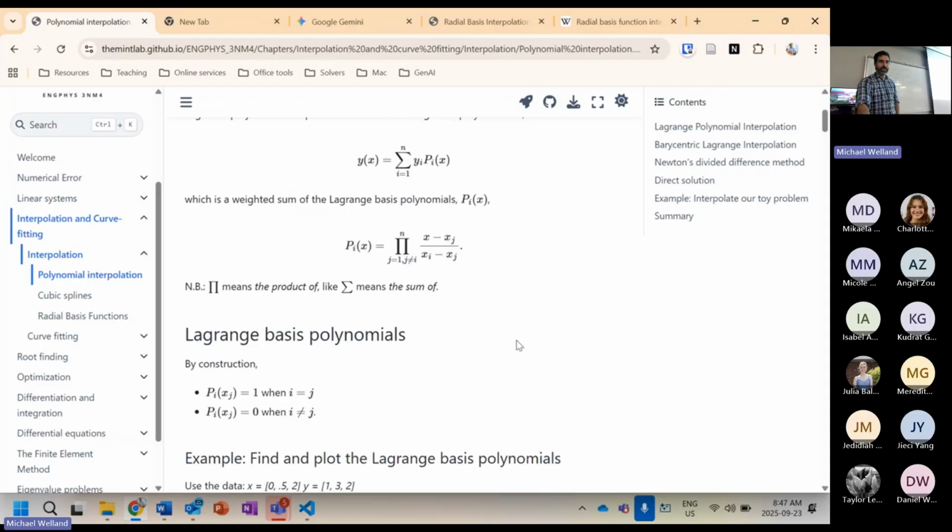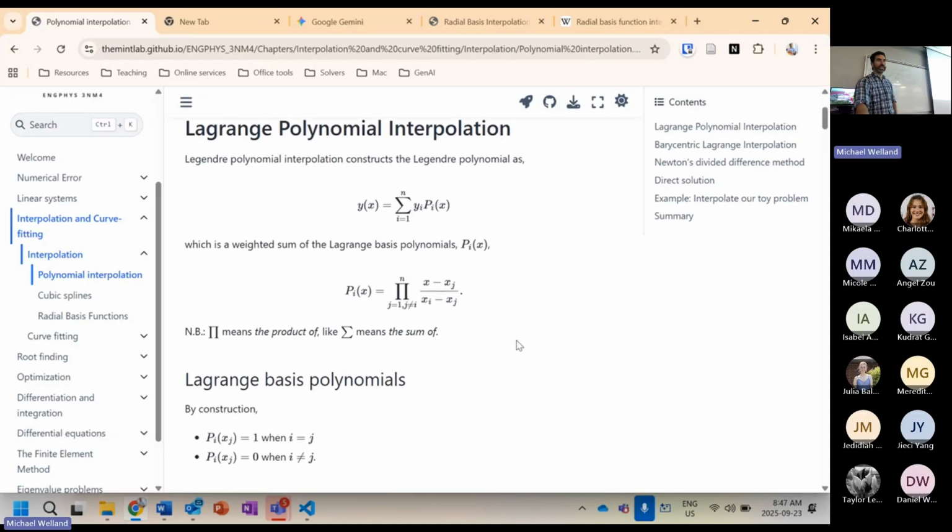Let's actually blow this thing out and we can see what's going on here. By construction, and we're going to see why, pi at xj, so the ith polynomial, let's say the second polynomial, at the second data point is equal to 1.